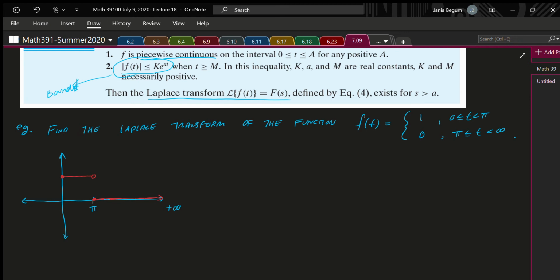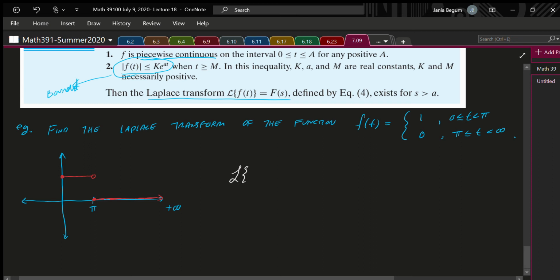So the Laplace transform, by using the definition we gave earlier, of f of t is going to be the integral from 0 to infinity of f of t times e to the negative st dt. Well, what's my f of t in this case? That's this piecewise function. So let's write it out. We split the interval into 0 to pi and then pi to infinity.